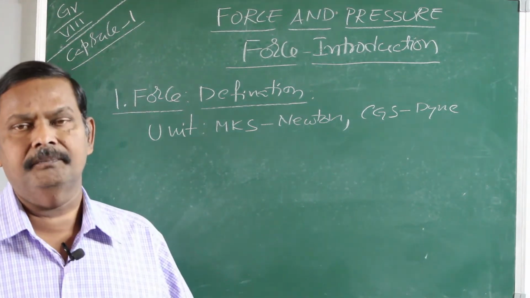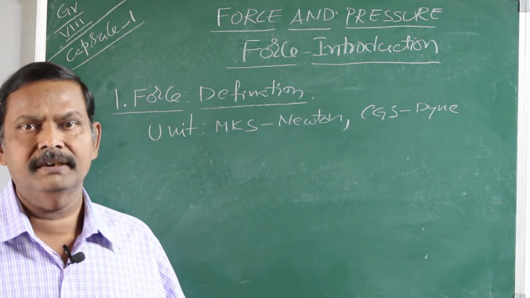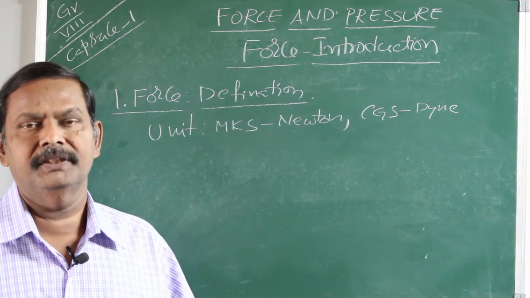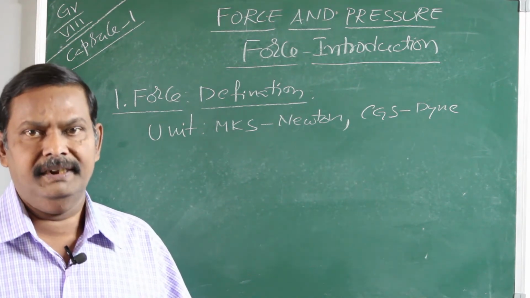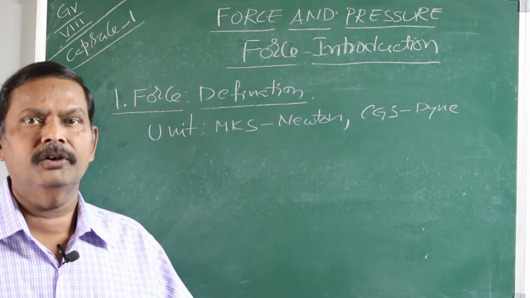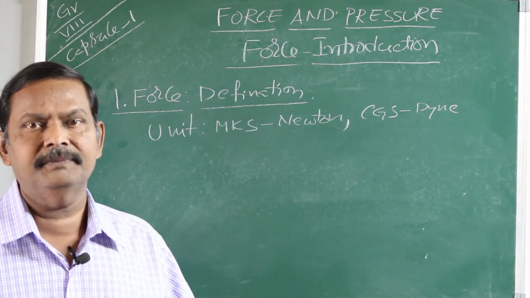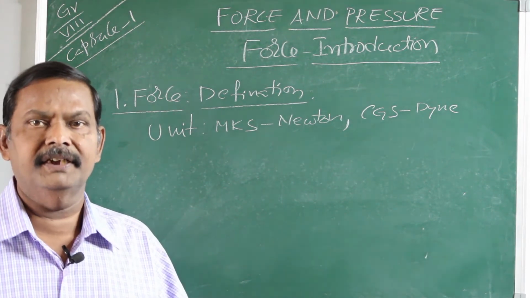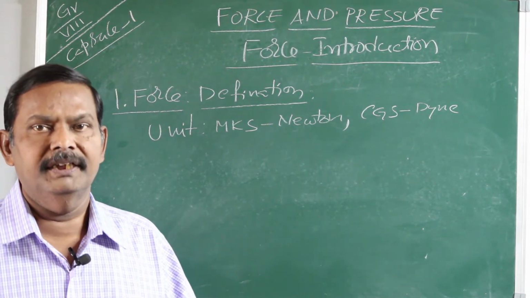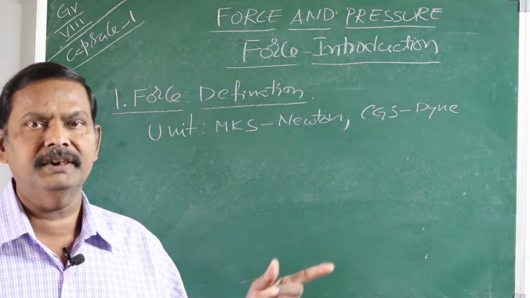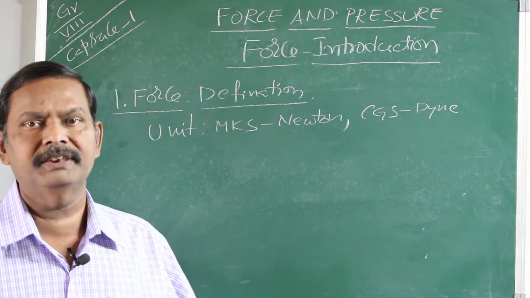In the MKS system, the unit of force is Newton. In the CGS system, the unit of force is dyne. MKS means meters, kilograms, seconds, and CGS means centimeters, grams, and seconds system.